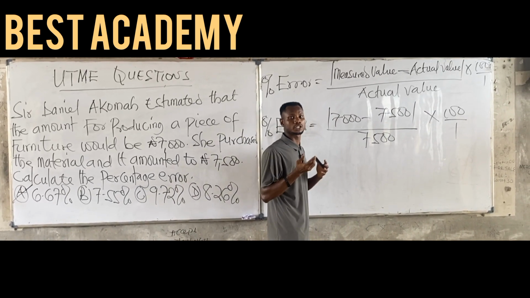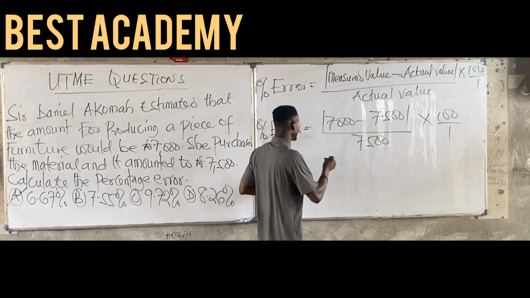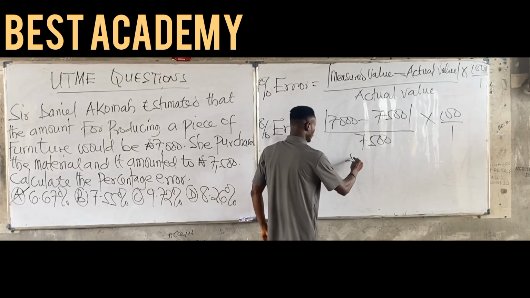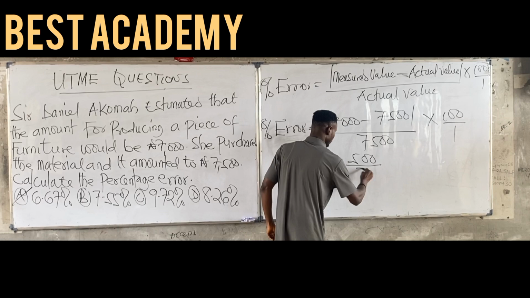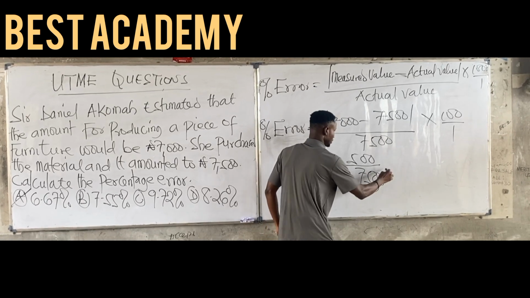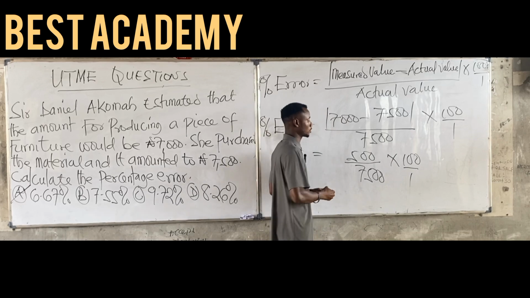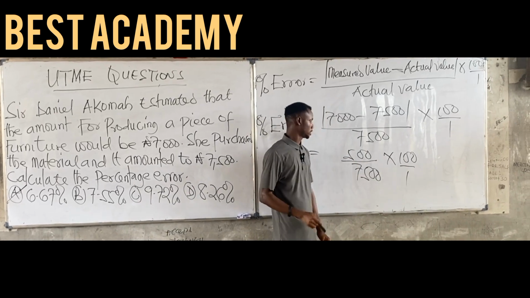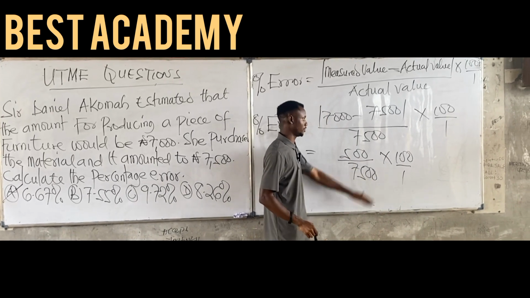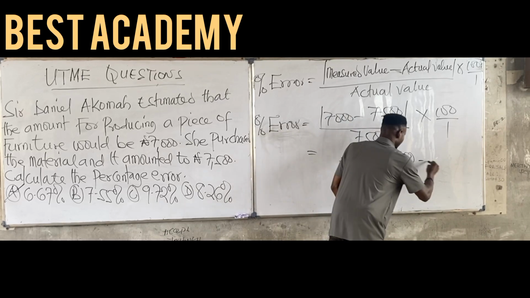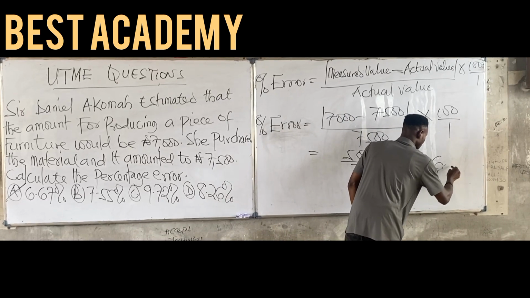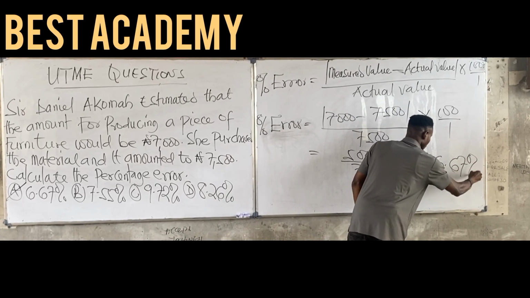But we only take the positive value. Taking the positive value is going to be 500 over 7,500 times 100 over 1. Now let's punch our calculator. Multiply, then divide. We are going to have 6.67 percent.